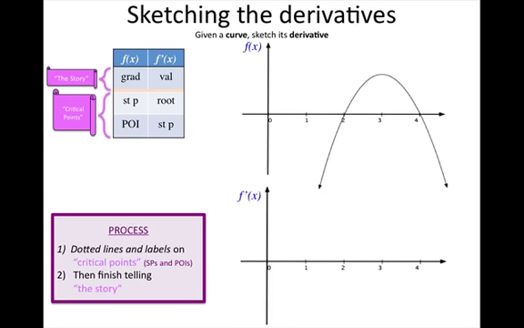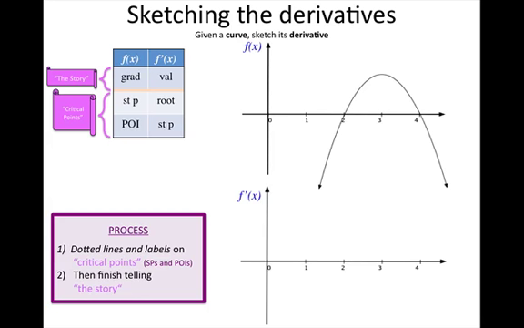Okay? Here's the process that I want you to follow to make that easy. First things first, I want you to do dotted lines and labels on the critical points. So let's start off with the critical points about the story. Think about a newspaper or an article. In order to really understand what's going on, you'll often read not just the title, because that won't do the trick.